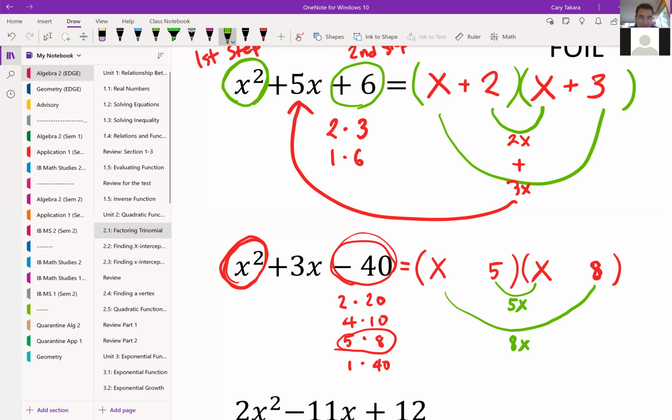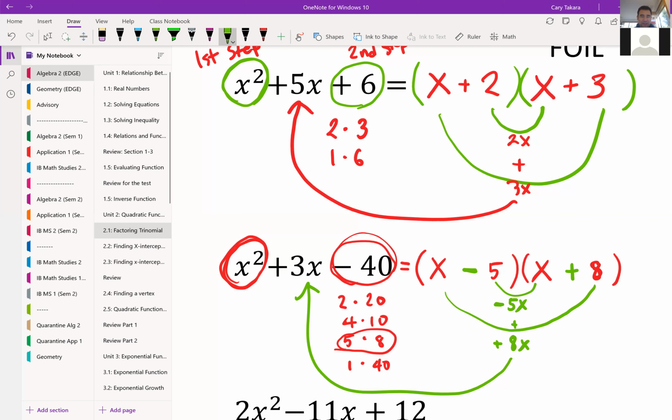If we make this 5x a negative 5x, and then 8x a positive 8x, isn't that 3x? 8x plus negative 5x, isn't that positive 3x? Yeah, right? And so that's it. That means that to make a negative 5x, this 5 has to be negative. And to make it into positive 8x, this 8 has to be positive.